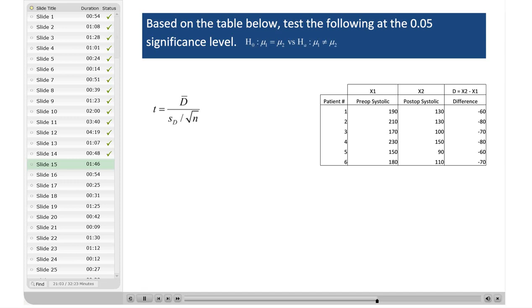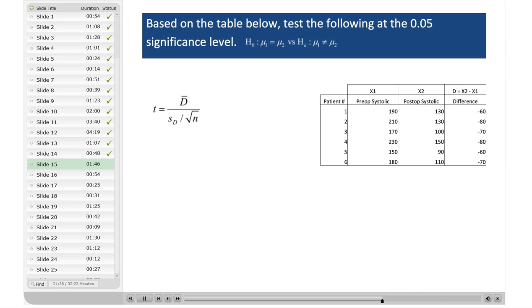In other words, the null hypothesis is equivalent to saying that the mean for the random variable d is equal to 0. If you look back at the formulas we used before for hypothesis testing, it was x bar minus mu naught divided by s over the square root of n. So in this problem, we have d bar minus mu naught. Well, again, the mu naught is equal to 0. So we just have d bar divided by s sub d divided by the square root of n. So that explains a little bit about where the formula comes from.